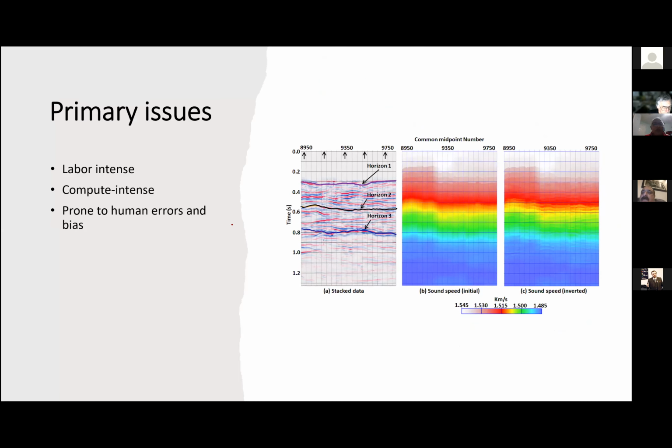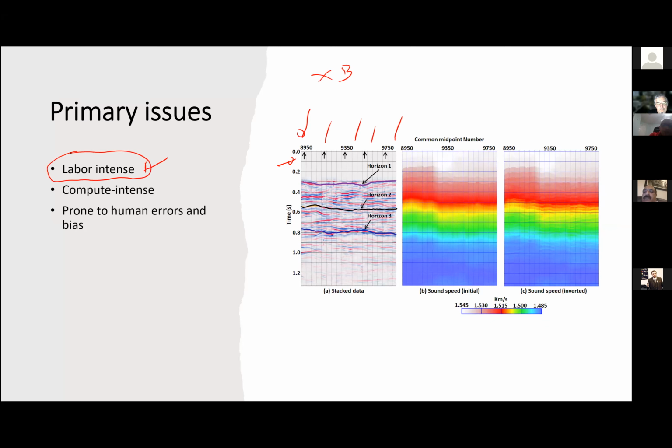But the primary issues are, first of all, it is labor intense. If you have well logs, it's fine, but here we don't have well logs. We have XBT at one point, but we had to get some reliable sound speed estimates at different points, and that is actually a lot of labor.